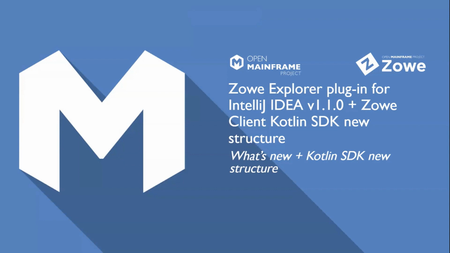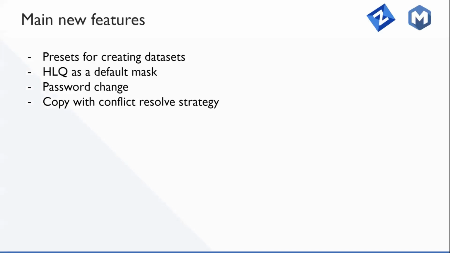But today I'm going to concentrate on the most notable things, and I'm going to show how it works in real time. Right after that, I believe I will be able to present the structural changes for the Kotlin SDK in a schematic version of the presentation. So let's start from the plugin itself.